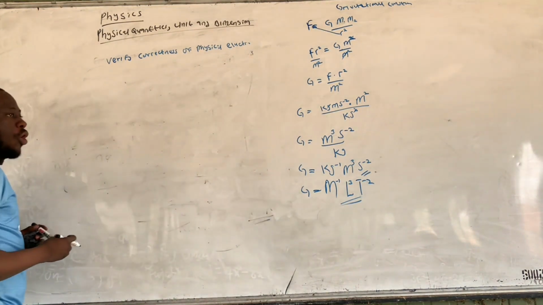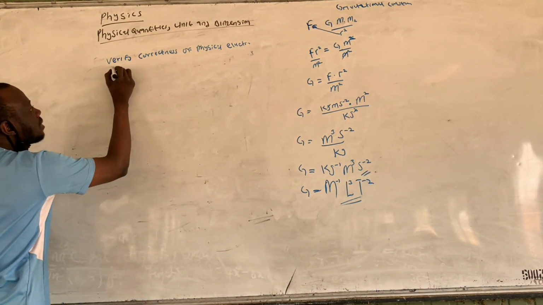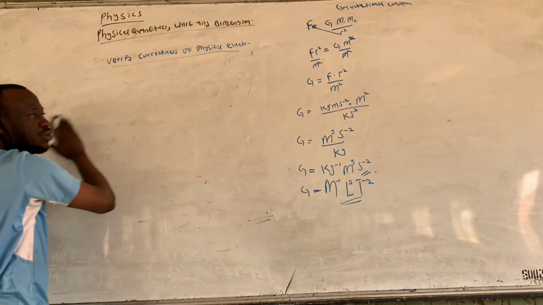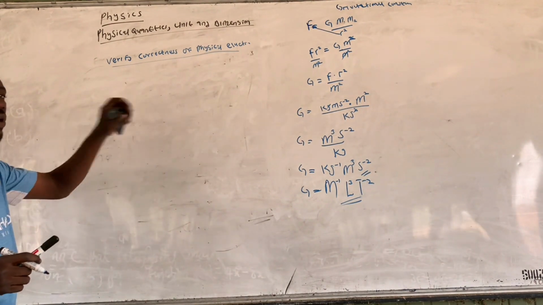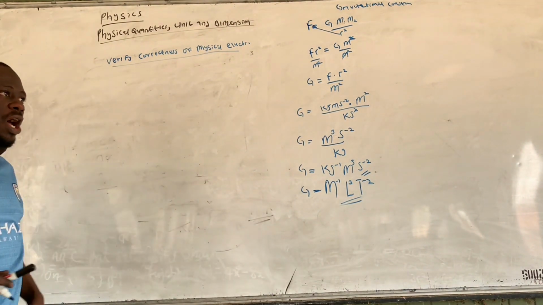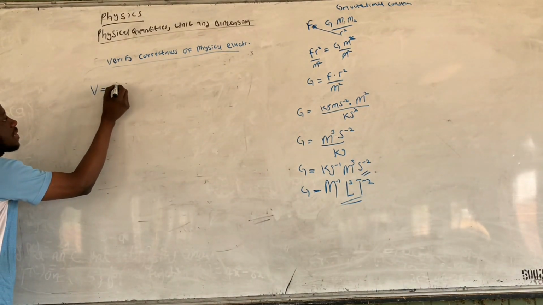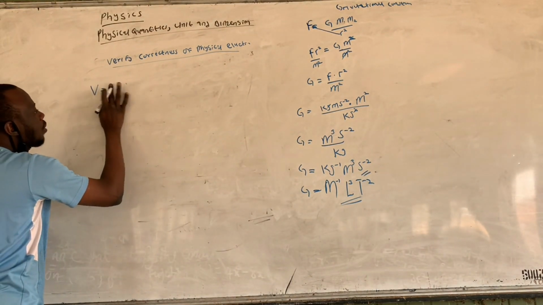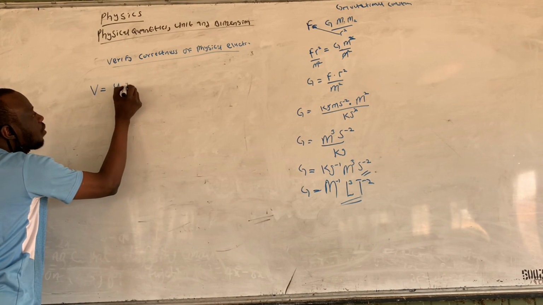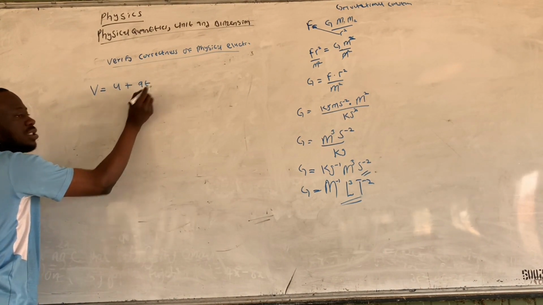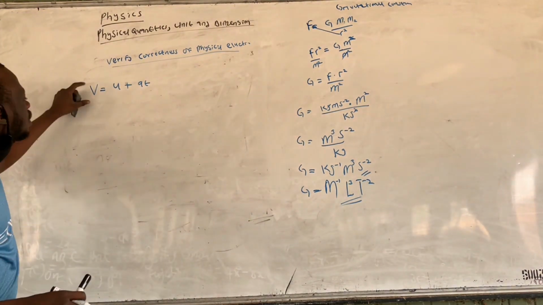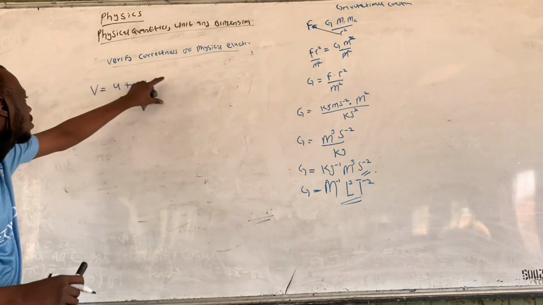Now, according to the law of homogeneity, what we have on the left must be what we have on the right. For example, we have v equals u plus at. We should use this to verify whether this equation is correct or not.